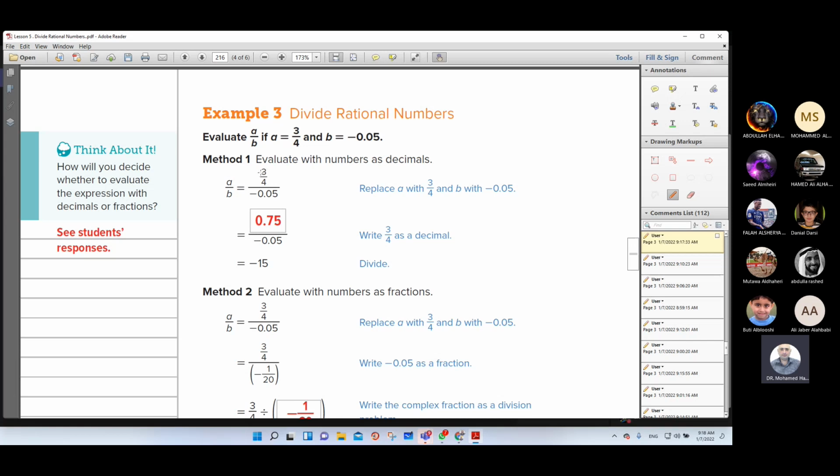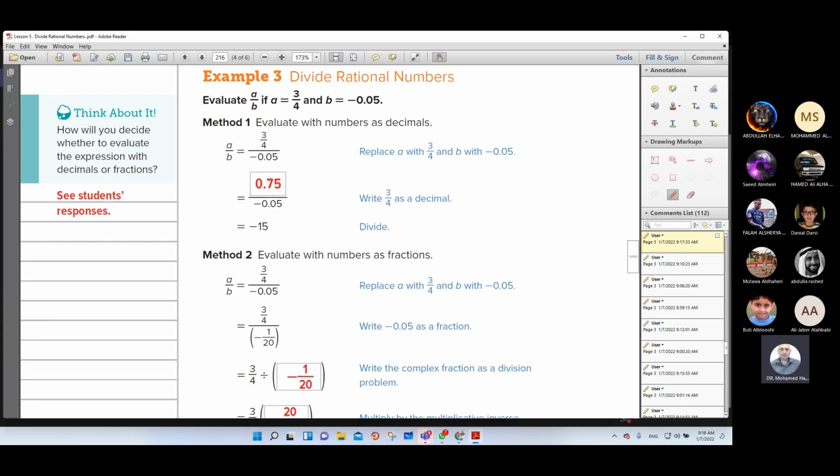Then change the fraction to a decimal, because this is a terminating decimal. So 3 over 4 will be 0.75, and down, negative 0.05. Then you can do long division between them. You will get negative 15.